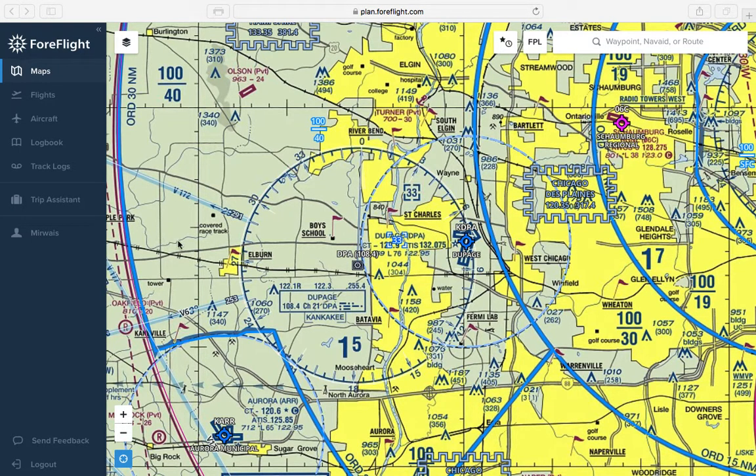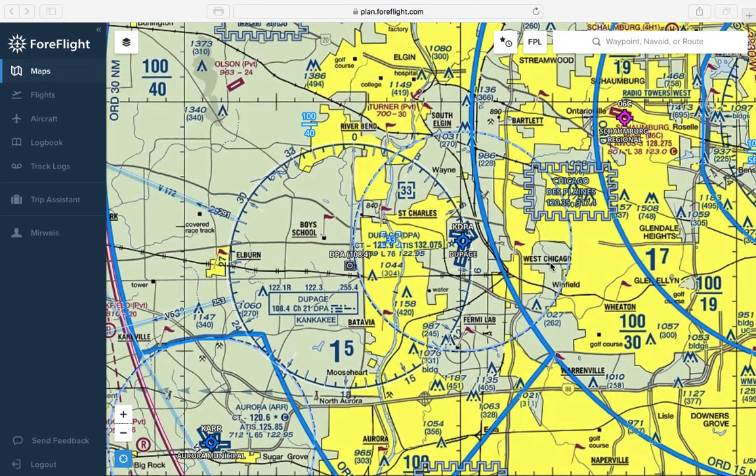Otherwise, if you're being told Skyhawk or Bonanza or whatever, stand by, you are not allowed to enter the airspace. So, that's your Delta airspace here.